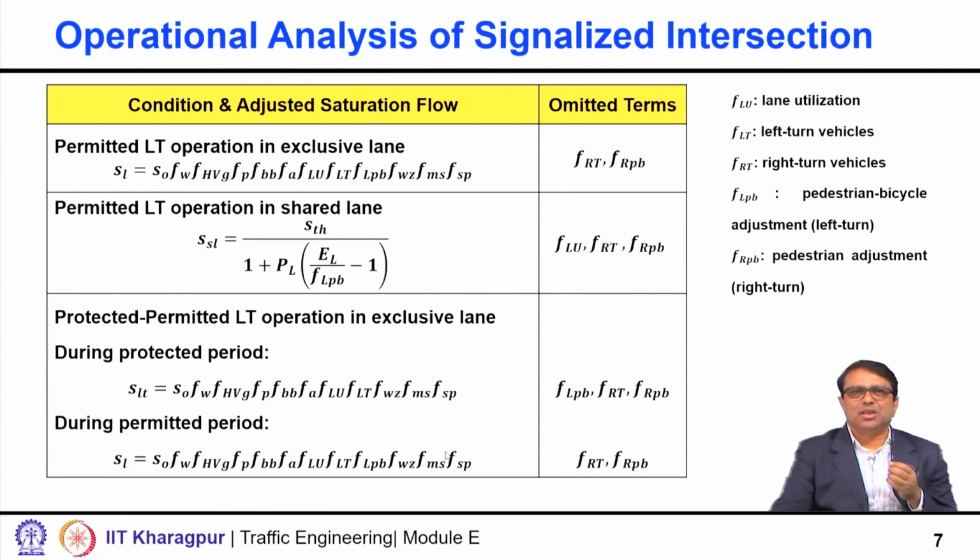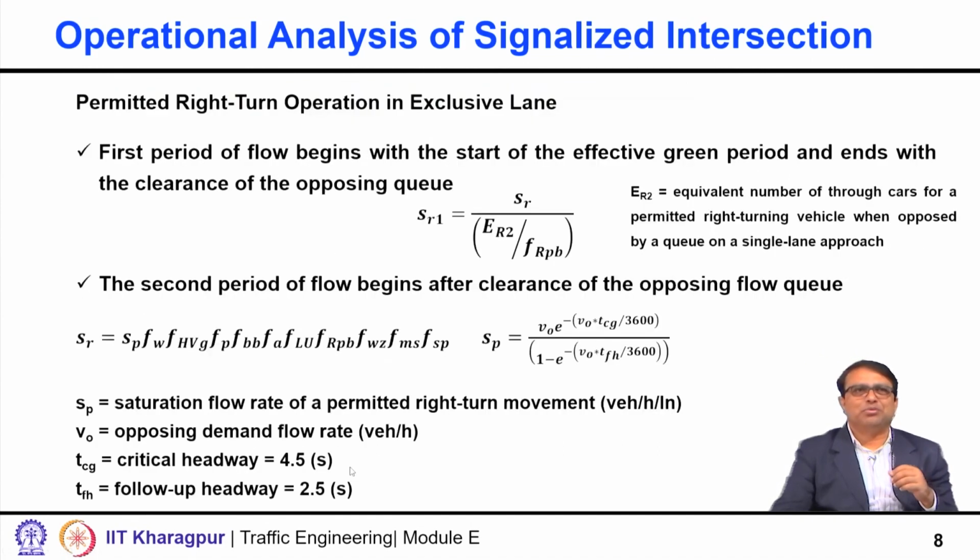Here the difference is that FRT, the right turn vehicle adjustment, is omitted, and the right turn pedestrian bicycle adjustment is omitted, but for permitted, the FLPB, the left turn pedestrian bicycle adjustment, will come back, right. So that makes it very clear.